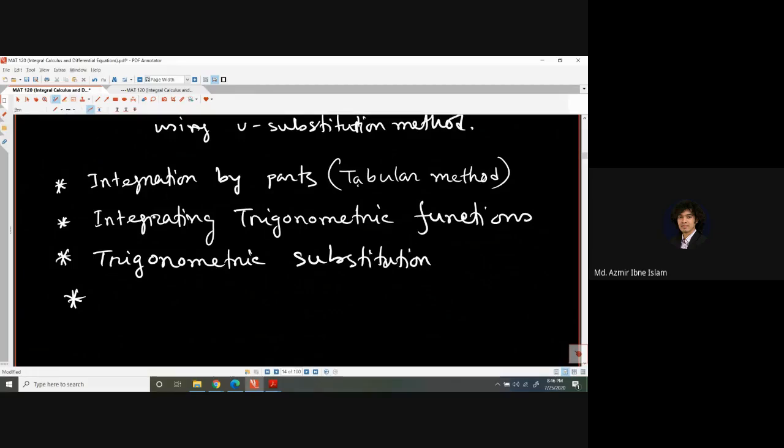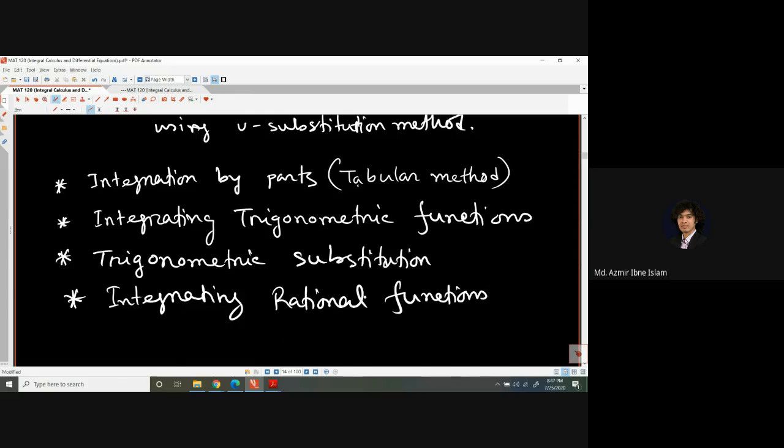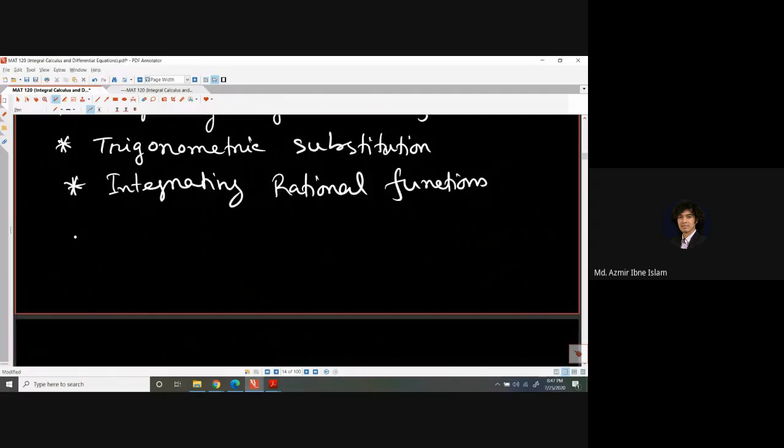So we have integration by parts, then integrating trigonometric functions, and the trigonometric substitution method. Then we will have another topic, that is integrating rational functions. Then we have to know how to integrate improper integrals.